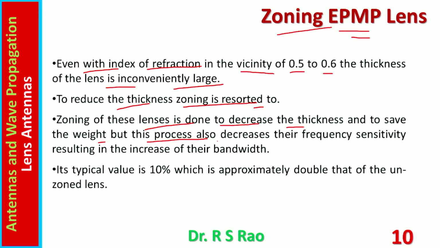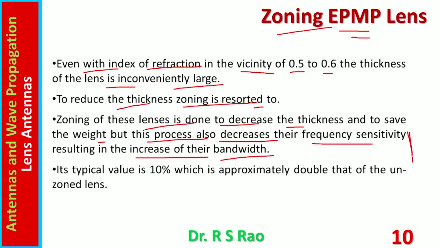But here is one aspect one has to keep in mind. Zoning reduces the bandwidth in case of dielectric lenses, because the process of zoning makes the lens more sensitive to frequency, ultimately leading to reduction in bandwidth.